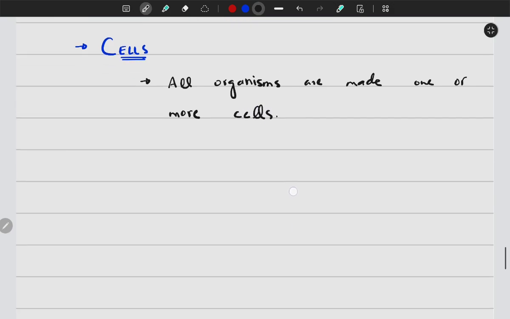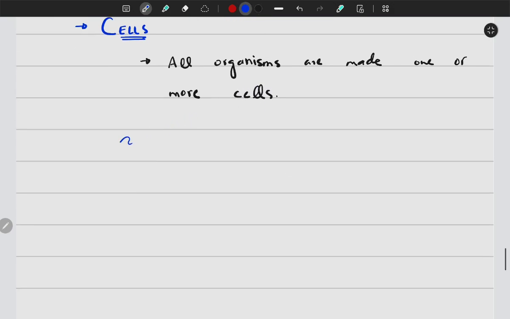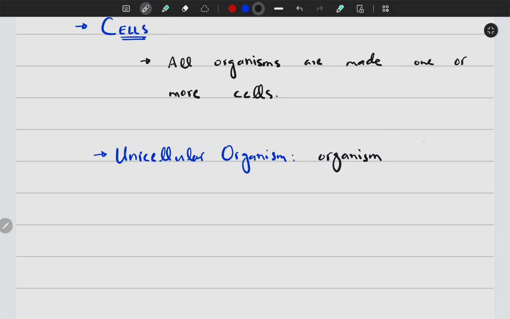If you have a one-cell organism, we call it a unicellular organism, an organism entirely made of a single cell.